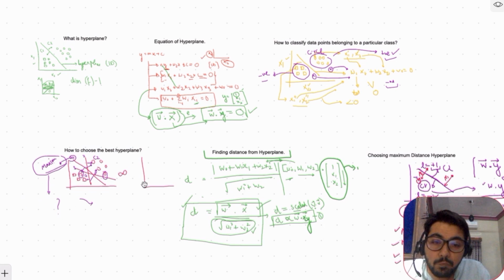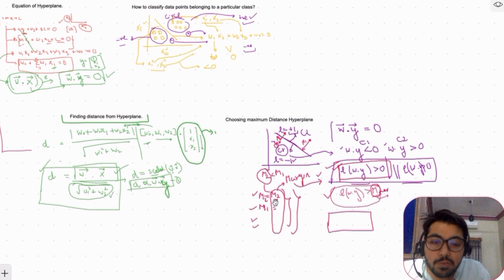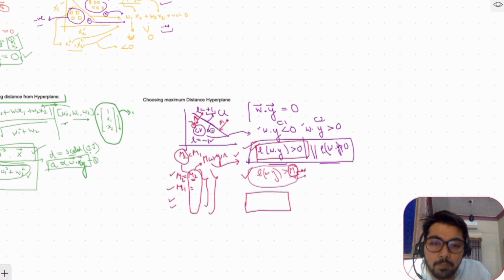We looked into how to choose the best hyperplane and how to find the distance of a point from the hyperplane, because to choose the best hyperplane we need the maximum margin. And once we have found the maximum margin among the infinite hyperplanes available, we create a classifier equation that the hyperplane should satisfy.